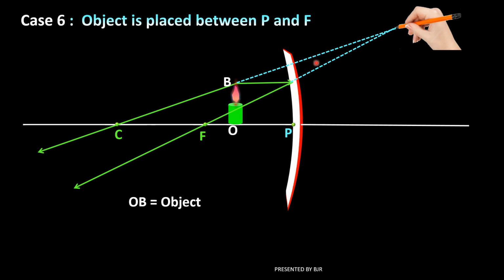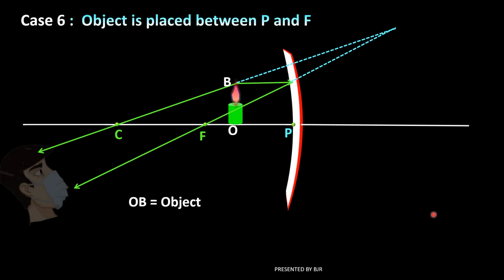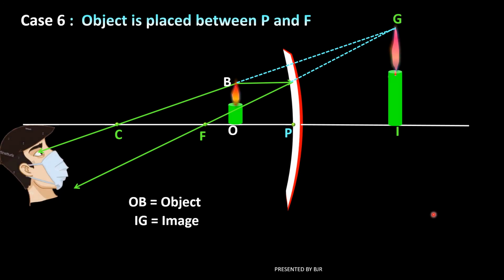These two extensions are meeting here. That means they are intersecting here. So here the image will be formed like this. So this is the image. Actually, this image cannot be caught on the screen. Here is an observer. This observer can only see this image, isn't it? We cannot see it directly.